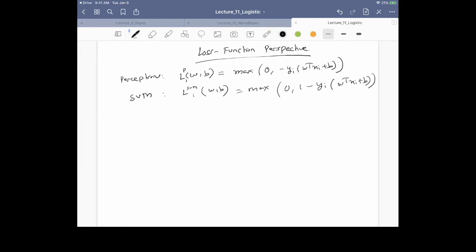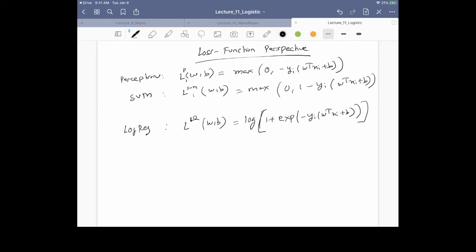Now we can look at logistic regression in a very similar manner. L of W comma B is exactly where I have log of 1 plus exp raised to minus yi multiplied by W transpose xi plus B. So this is related to homework 1 as well.